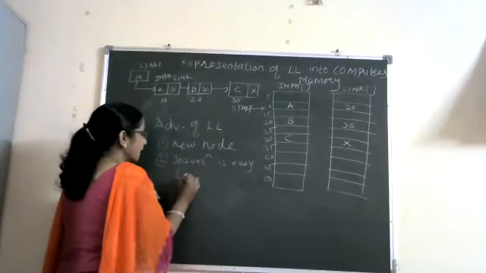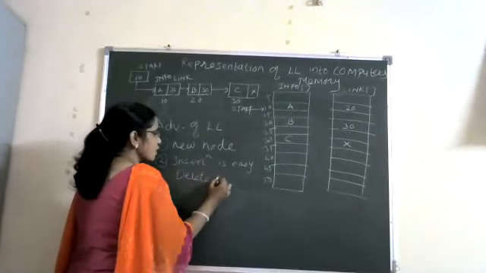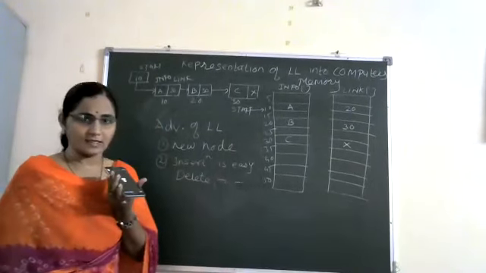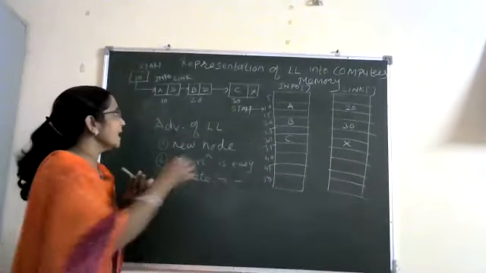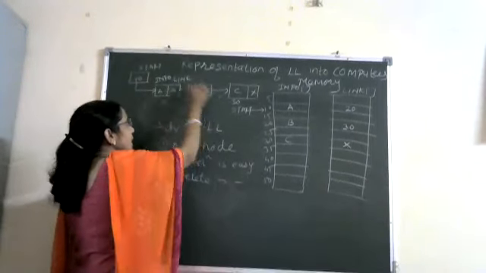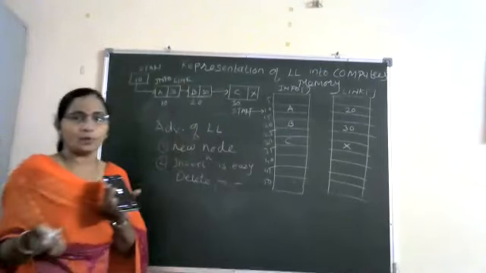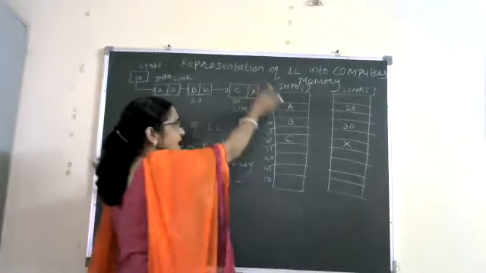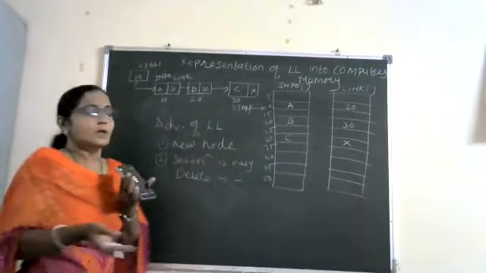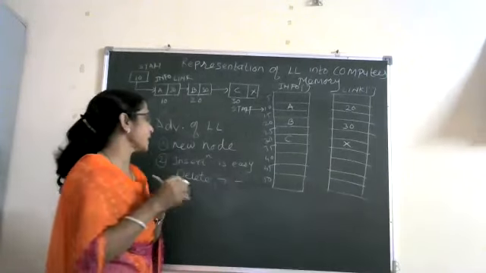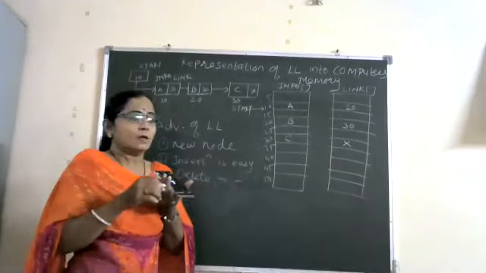The delete operation also becomes easy with the help of a linked list. It means you can delete any node from the linked list. Suppose I want to delete B, then I can easily delete the B node. Suppose I want to add a new node, then I can easily add it. Both operations, insertion as well as deletion, become easy.